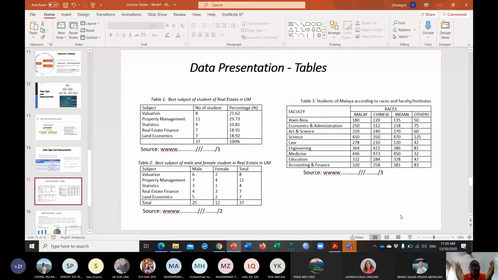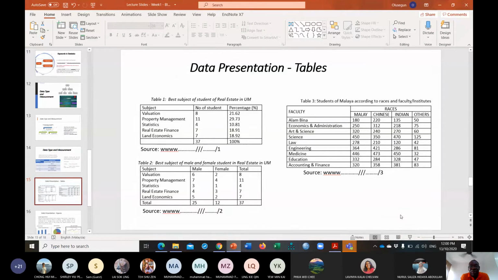However, when we look at table 2, table 2 talks about the best subject of male and female students in real estate. The reason why I did table 2 is to show how many of those people who said they love valuation are male, and how many are female. So it's a way of breaking down the components so that we will know how many females love valuation and how many males love statistics.